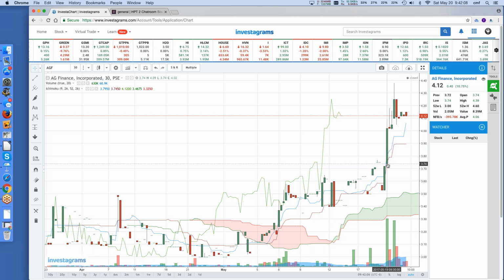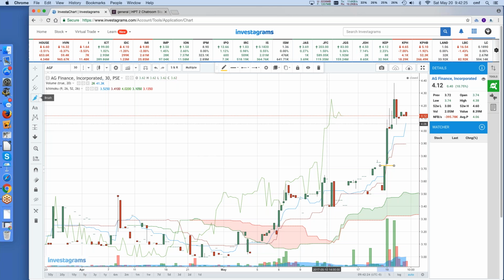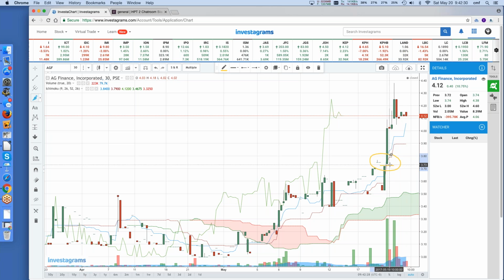This candlestick was 9:30 a.m. yesterday. So at this point, for example, the market had not opened yet and you're still looking to get into AGF, you'd be looking at this area here. This was the closing on Thursday.